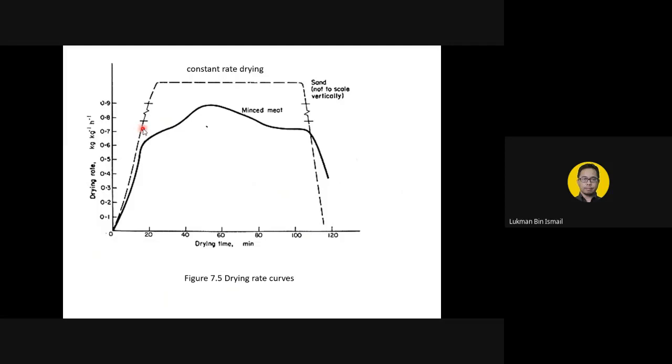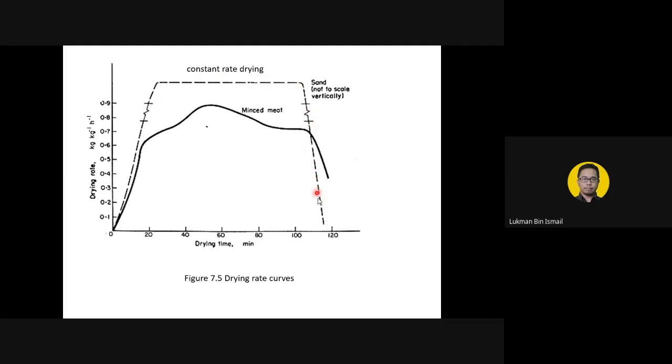The normal pattern of the drying kinetic curve is that you have an increase, then a constant rate of drying, and then a decreasing rate of drying. So you have increasing, constant rate drying, and then you have this bound water, which is hard to remove.